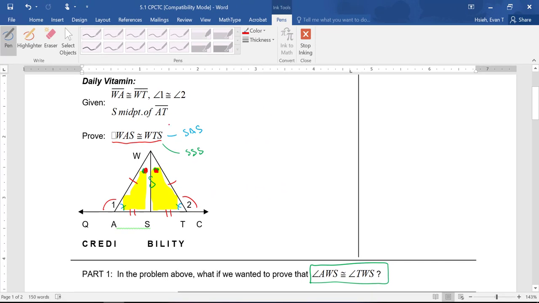So what we'll do is we will go ahead, prove those triangles congruent, and then in the next step, we're going to say that these angles are congruent. And we're going to say it's by what we call CPCTC. And let's talk about what CPCTC actually stands for.